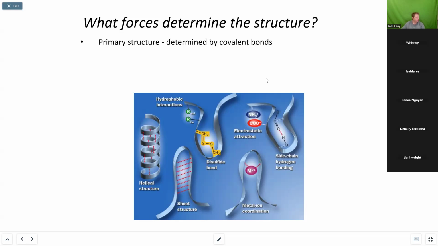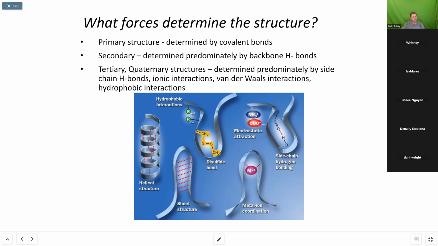In the remaining portion of this figure, we've got different levels stabilizing them. So our tertiary and quaternary structure. Tertiary and quaternary structure are going to be stabilized by other interactions.